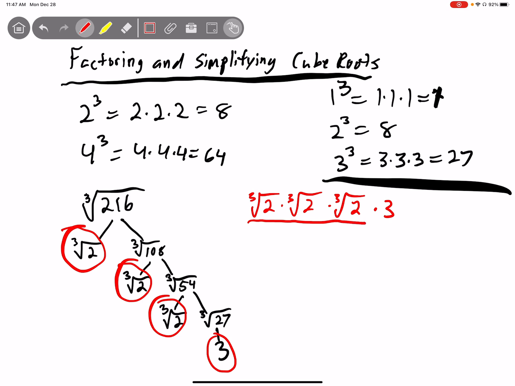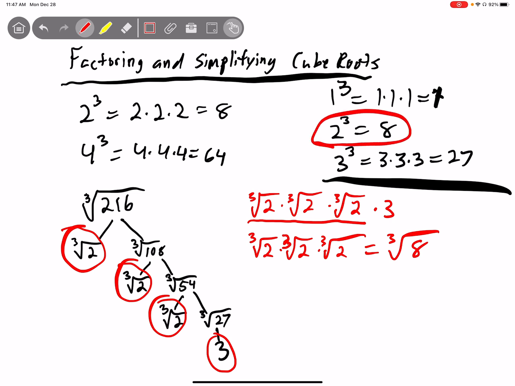Cube root of 2 times the cube root of 2 times the cube root of 2 is the same thing as 2 times 2 is 4 times 2 is 8. It's the same thing as the cube root of 8. Well, we know what the cube root of 8 is. We just wrote that out. We also have it here. Cube root of 8 is 2.